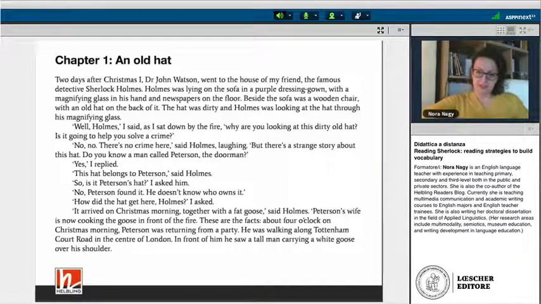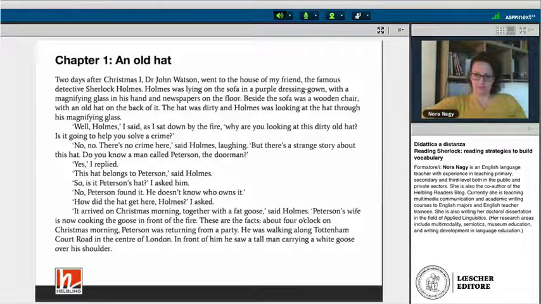It's in the first sentence again. Yes, it's Watson. Very good. You can spot it in the first sentence. All right, third question. Who found the hat and the goose? Peterson? Nice. You're quick. Good. Thank you.